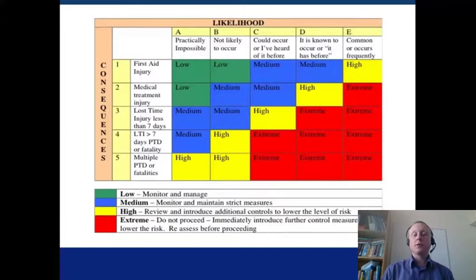The consequences, what you consider to be a first aid injury or medical treatment injury, may be different from one person to the next, and so these will often come with some form of guidance. However, the form of words that you use when you're creating one of these tables can do a great deal to steer the thinking of the person using that table, and so may end up skewing the results of your risk assessment.